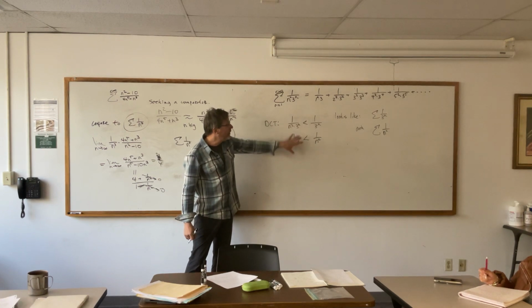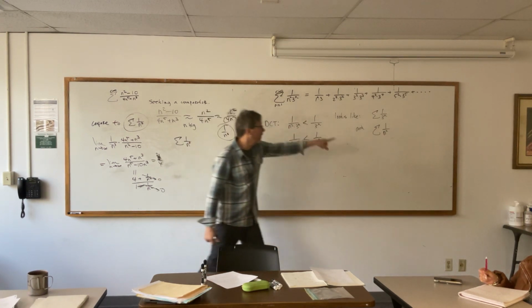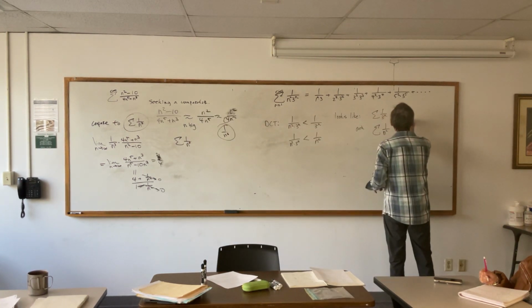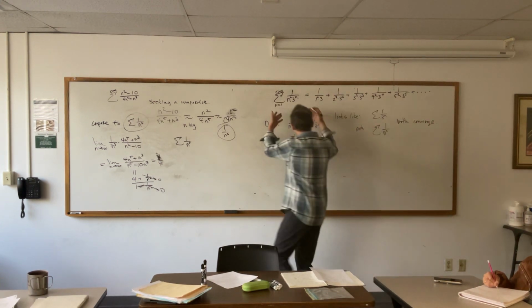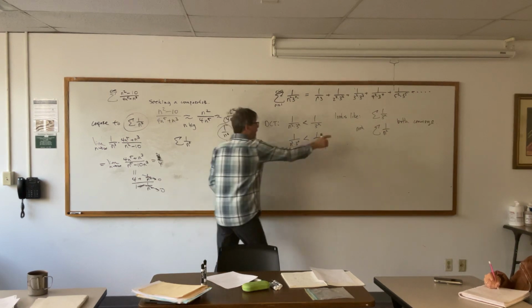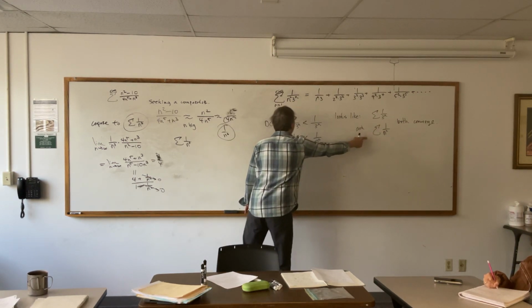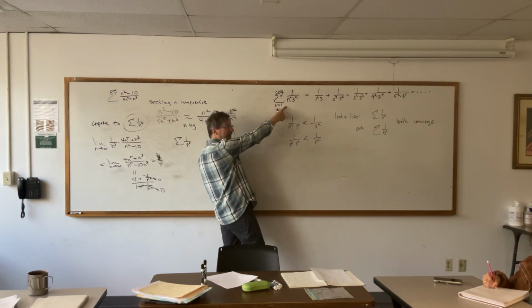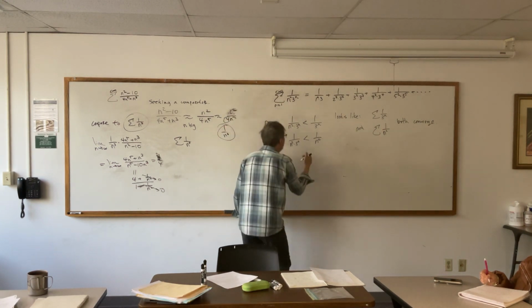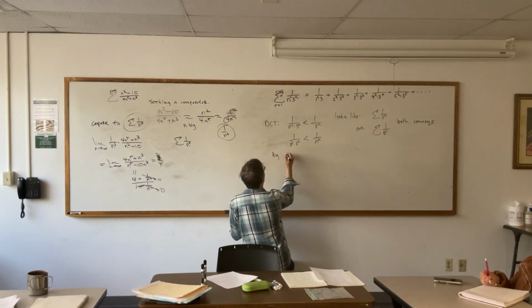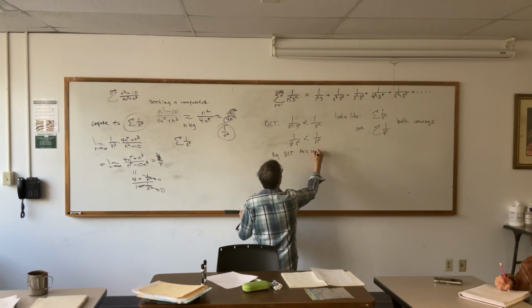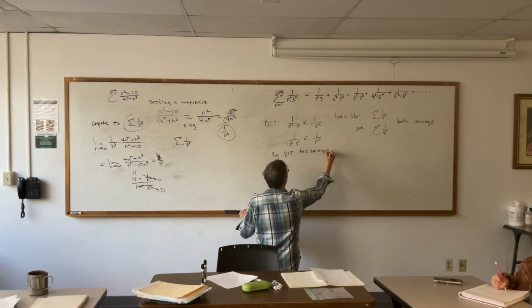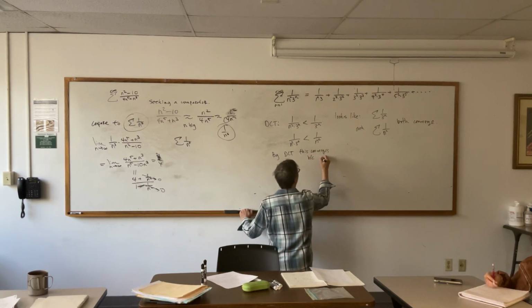So I could do direct comparison with either of these. These both converge. Since this is true, whatever this adds up to, or this adds up to, this is less than it. So it's certainly finite. So by DCT, this converges because both those converge.